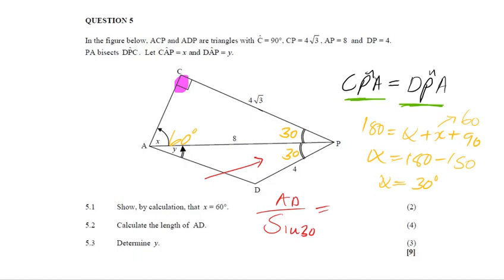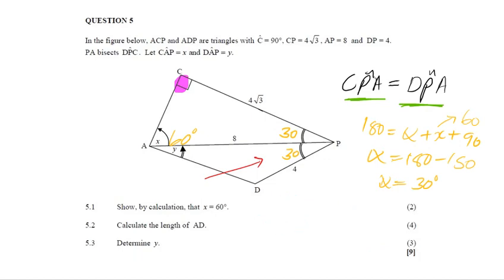You cannot use 4. Let me show you. Because y is unknown. You see? So since y is unknown, what can you use? You cannot use the sine rule because you need to know at least 2. So you've got 2 unknowns if you use this one. So if you've got 2 unknowns, then you have to use the cosine rule.